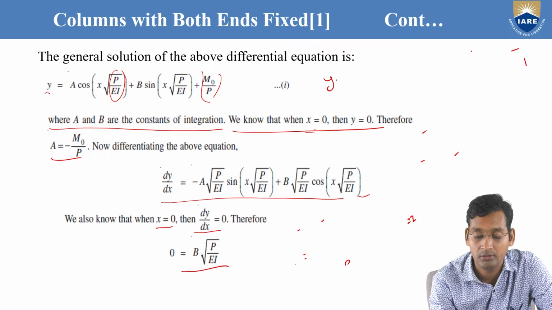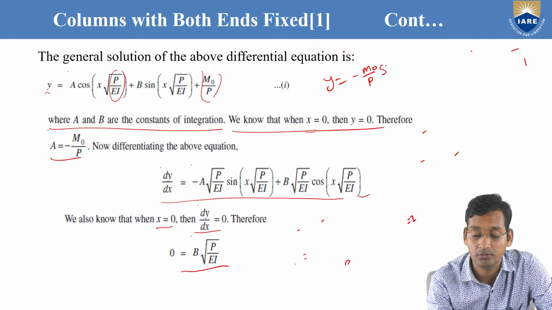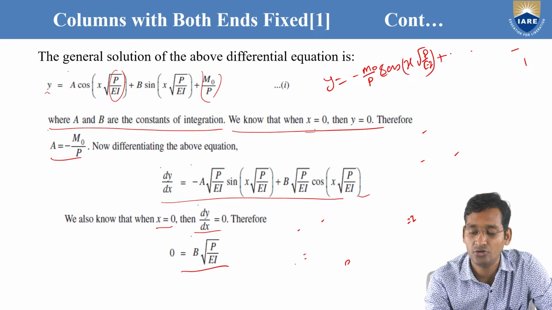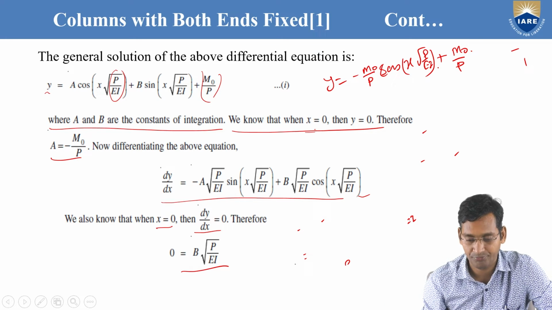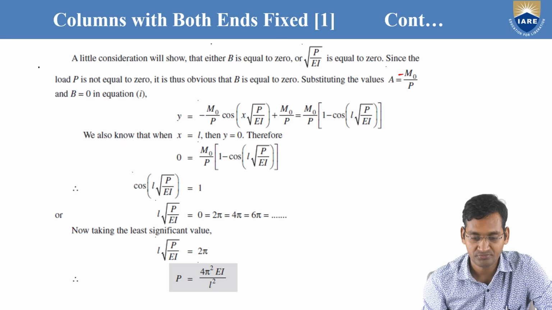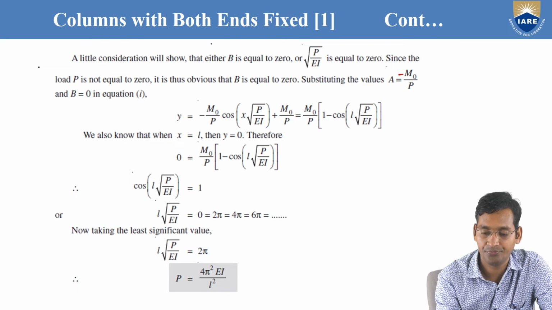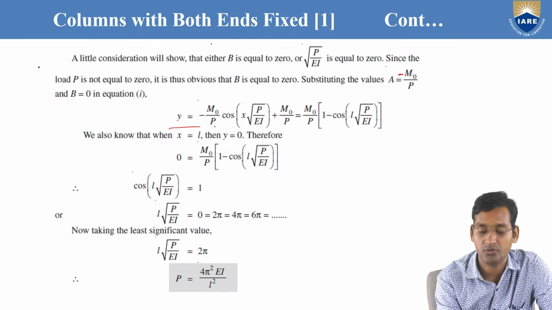So y equals minus m naught by p cos x root p by EI plus b into 0, which is 0, so I'm not writing that one. And what is left is m naught by p. So this is the y equation.